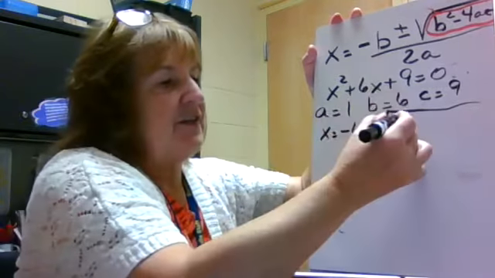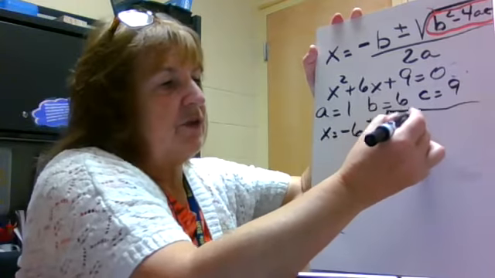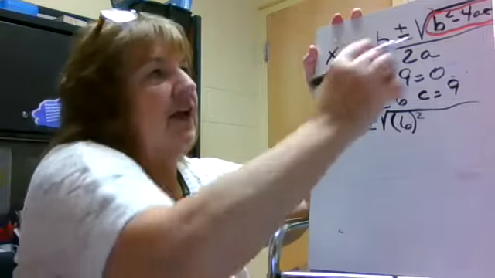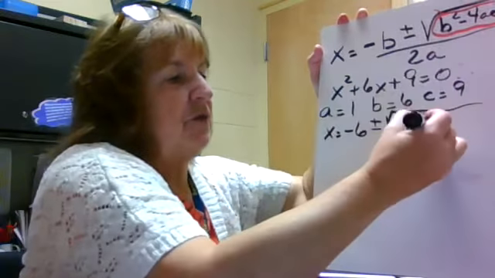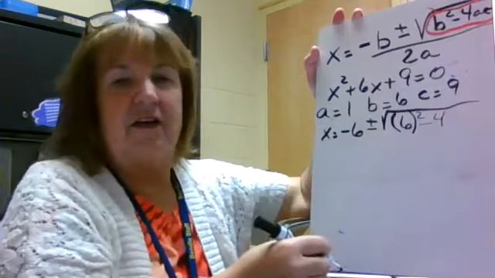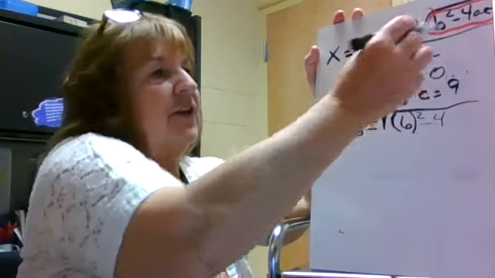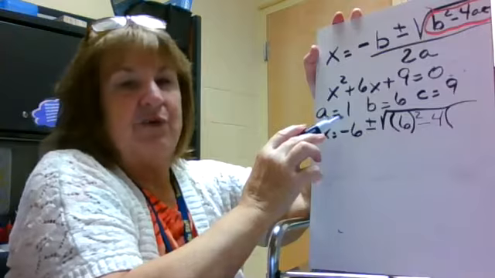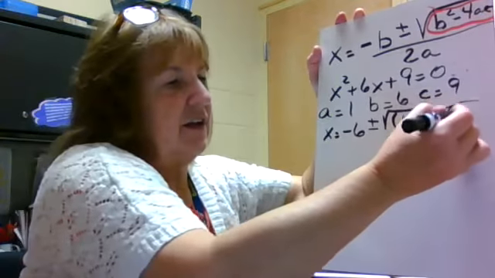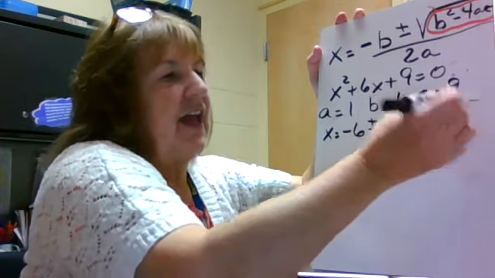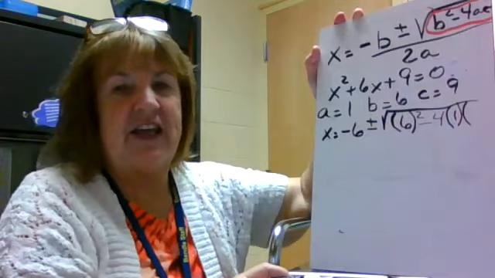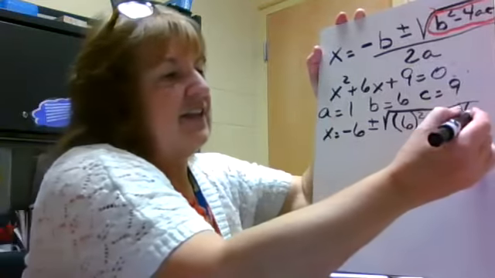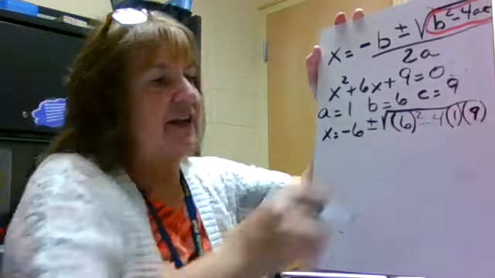The B number is 6. Close the parenthesis and put the square in. Then keep writing. Minus 4. We have another letter, so we have a set of parentheses, and that letter is A. Well, A is 1. Close the parenthesis, and now you have another letter, which is C, so it has its own parentheses. And the C is the number 9, so put the number 9 in, close the parentheses.